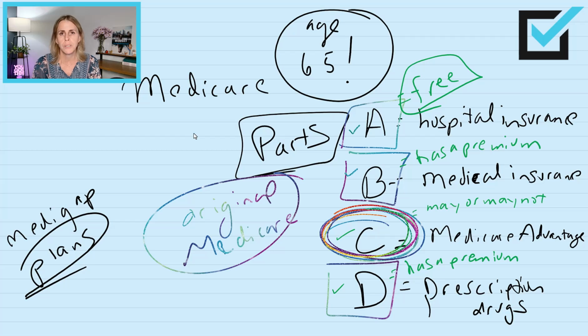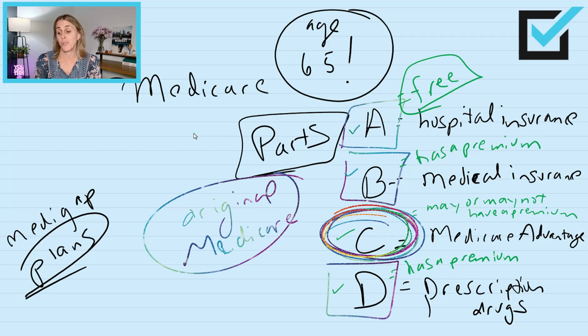So different insurance companies offer Medicare Advantage plans. Generally speaking, you have to stay in network with a Medicare Advantage plan. If you have original Medicare, you can go to any doctor anywhere in the United States that takes Medicare. You don't need a referral to see a specialist. If you have an Advantage plan, you generally do need a referral to see a specialist.